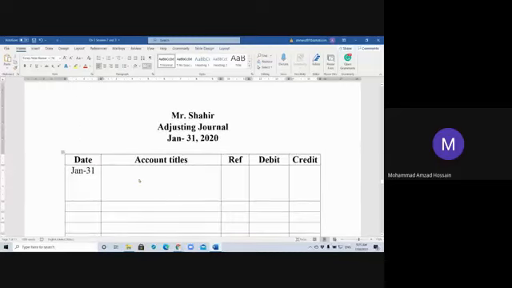Adjusting entry: account receivable debit, then service revenue credit. You did this earlier too, didn't you? In the normal journal you did the same problem.